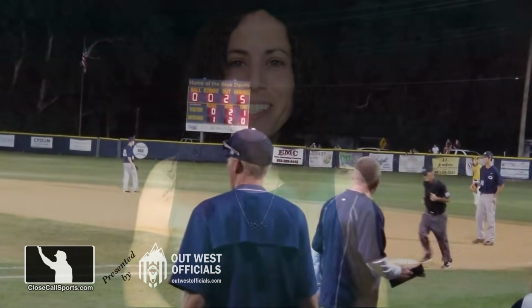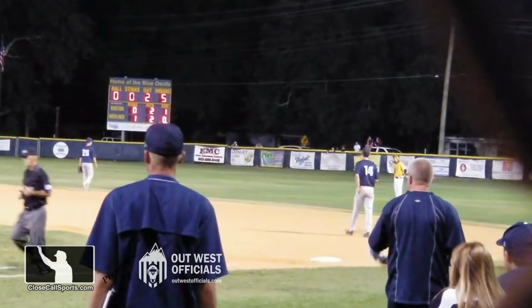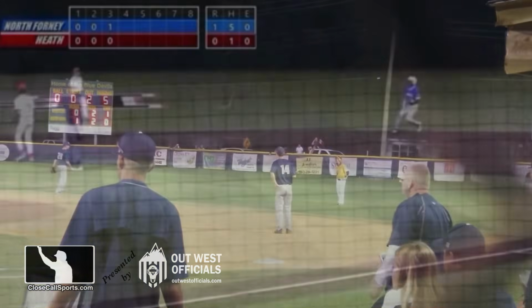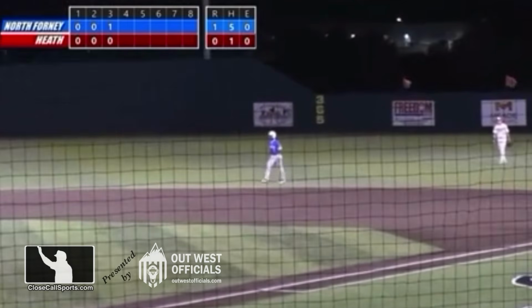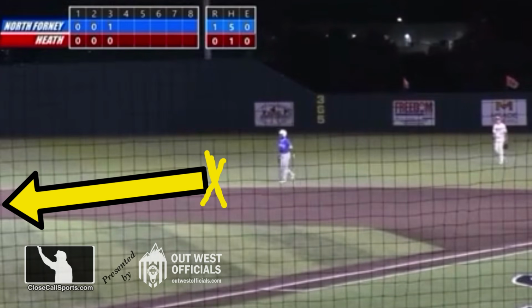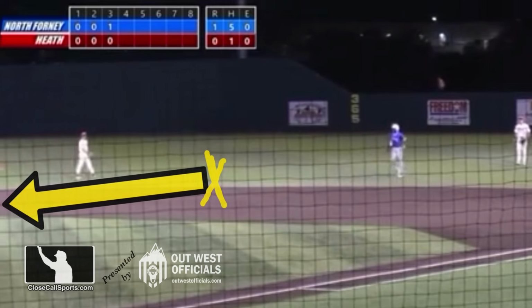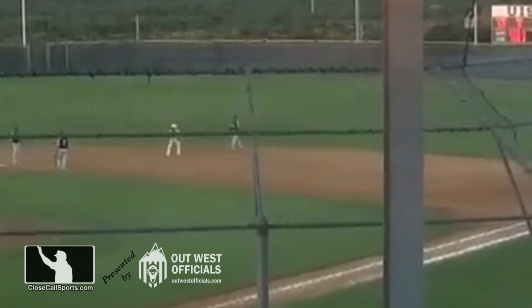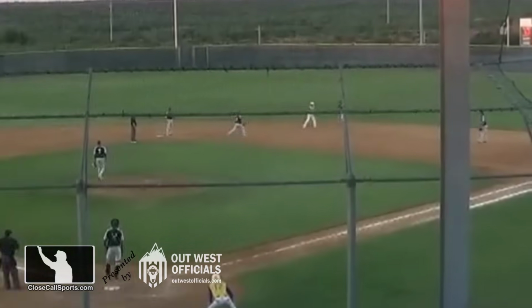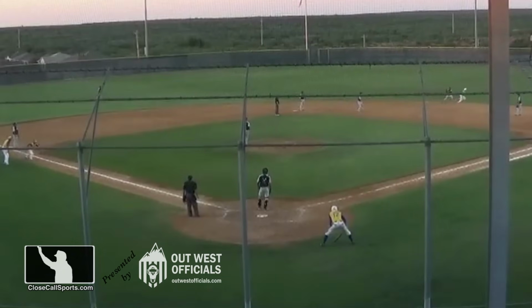The other thing you can do as the defensive team, and this is what the runner wants you to do, is start running directly at the runner. If they simply retreat back into right field, they're out of the base path because the line to second base doesn't go backwards, it just goes forward. But that would be the distraction they're looking for to try to get that runner from third to score.